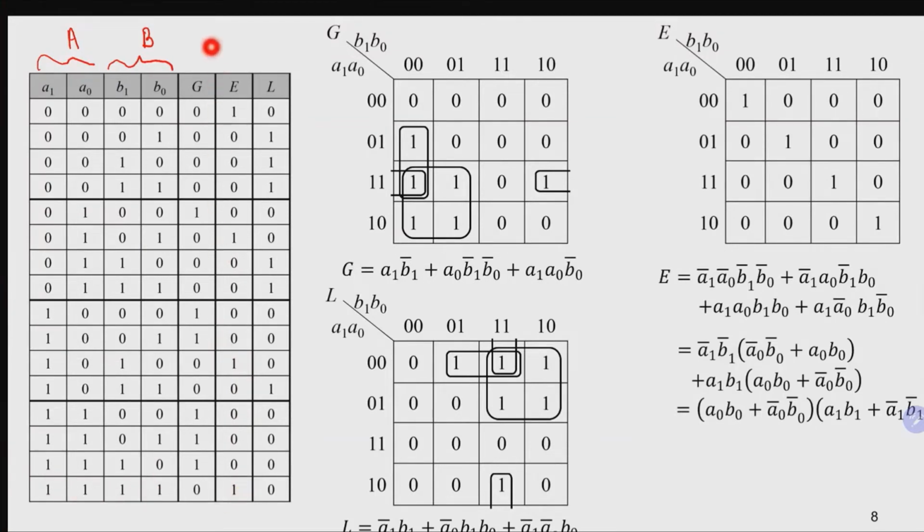Similarly, go through G to find when A has a greater value in terms of binary compared to B, and then you put a 1 in this column. So we got 3 outputs, so we can draw out 3 different K-maps for each of these outputs, and then we can derive the Boolean expression for each of the outputs.